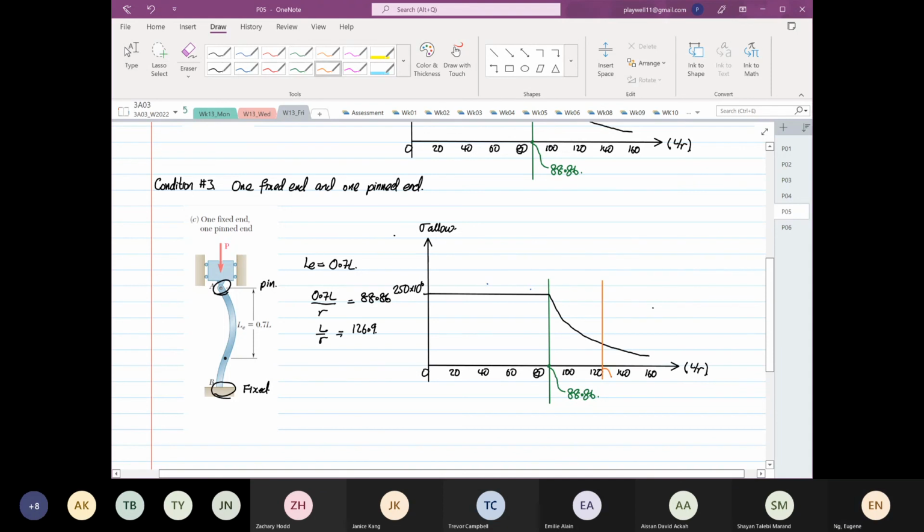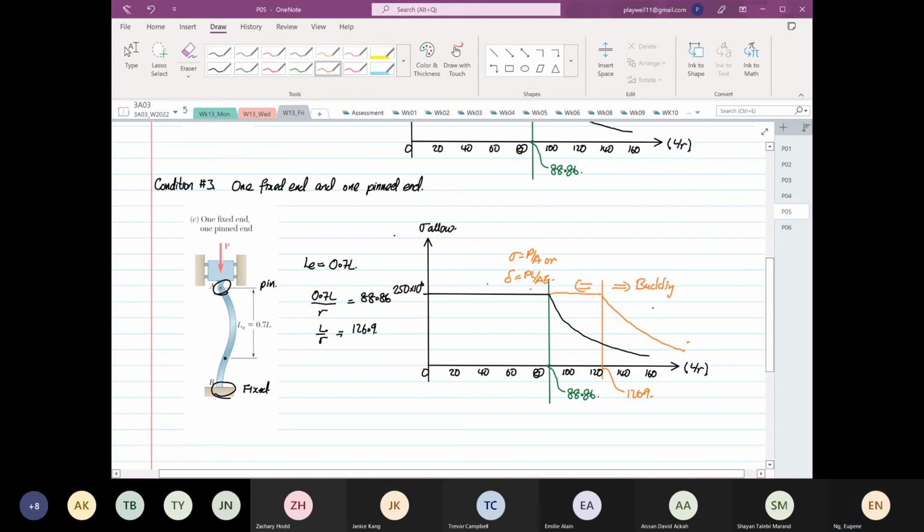So this is our 126.9. It means our material is more resistant to buckling now because of the way it's fixed. So it's straight up to here, and then it will release itself. For this case, you have to do buckling analysis. Over this end, you just do stress is equal to P over A, or deflection is equal to PL over AE.